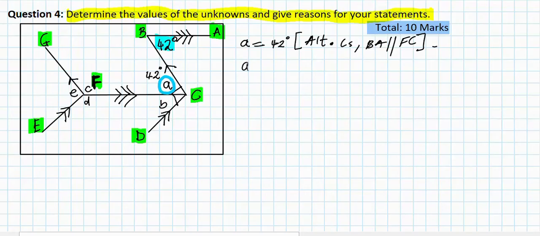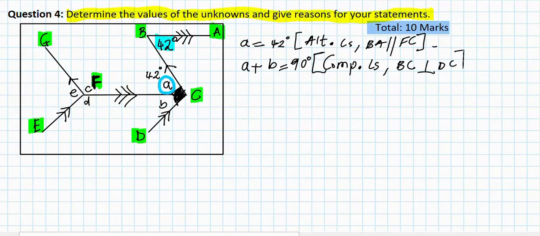I know that if I add angle A with angle B, I must get 90 degrees, because there's a right angle symbol right there. Do we see it? I hope so. Here's a right angle symbol. So angles that add up to 90 degrees, we call them what? Complementary angles. And then you mention your perpendicular lines there. BC is perpendicular to DC.